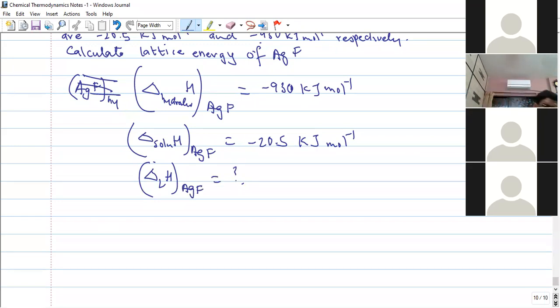So what do we look at? Enthalpy of solution is equal to lattice enthalpy plus enthalpy of hydration.